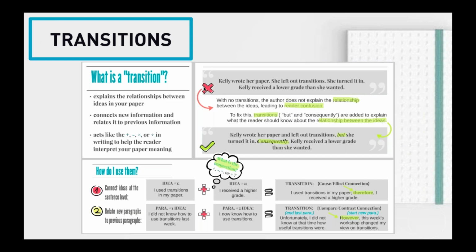So at the end of the last paragraph, I'll submit the idea to the reader. Unfortunately, I did not know at that time how useful transitions were. Then when I start the next paragraph, I can say, however, this week's workshop changed my view on transitions. Just the usage of that word connects my two paragraphs. It explains how they're related.